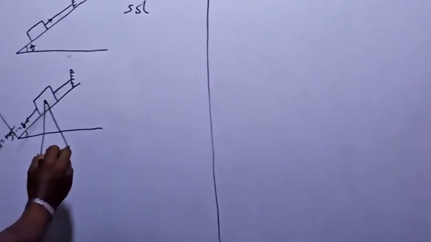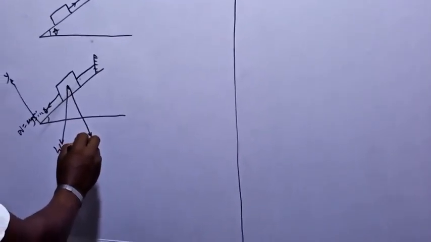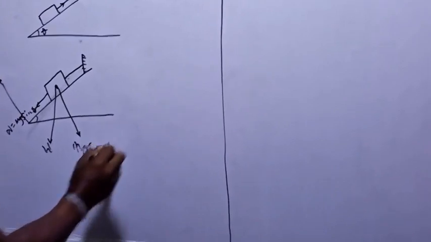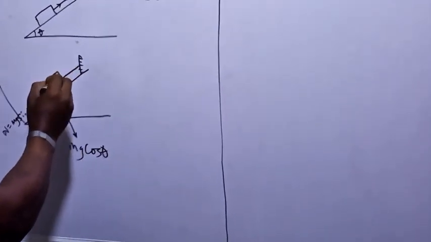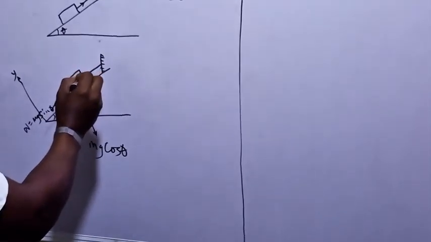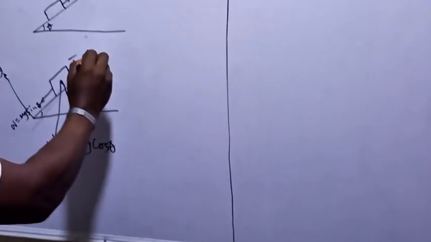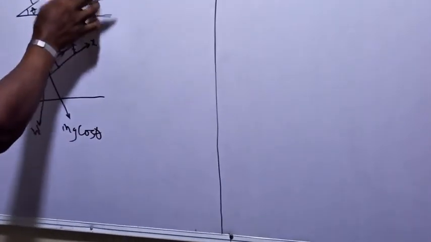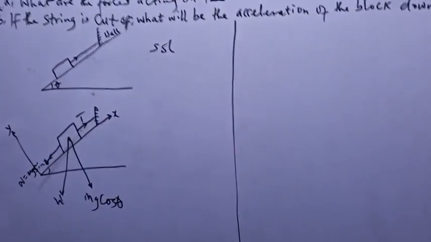These are both still weight, but I still put it like so that you can resolve even the weight, mg cos theta. Now the body is sliding downwards, causing a tension T on the string. And remember, we're trying to resolve the forces acting in this diagram here.